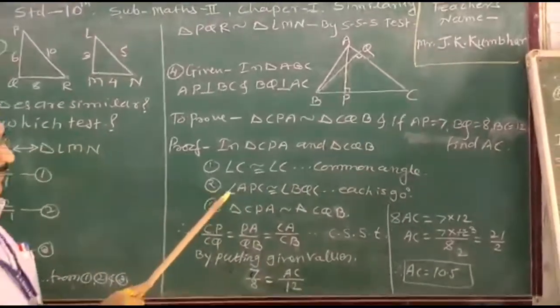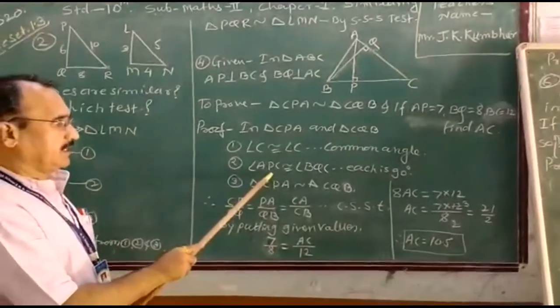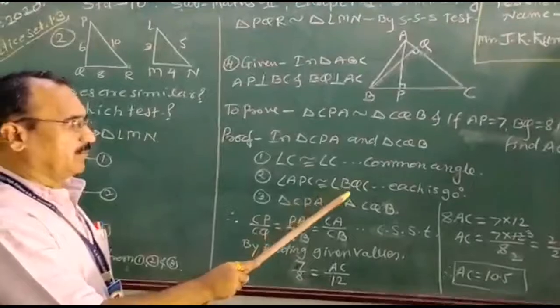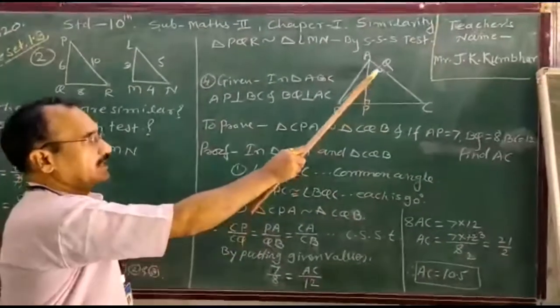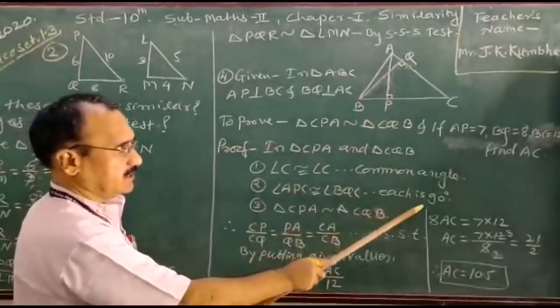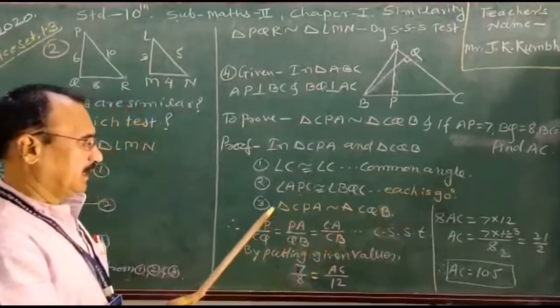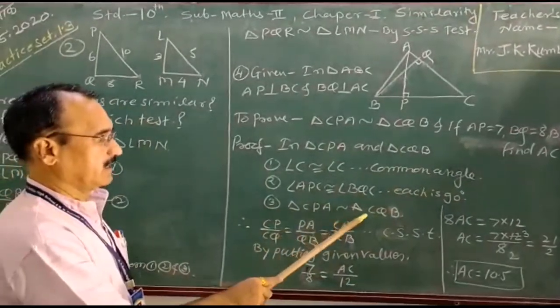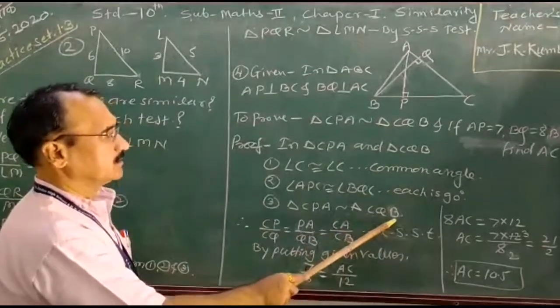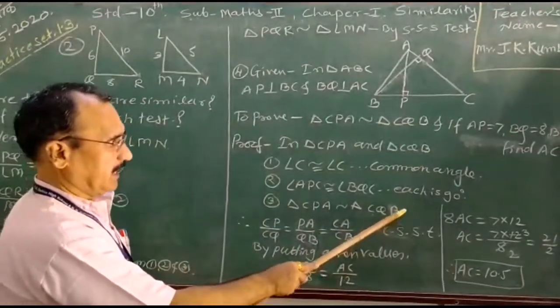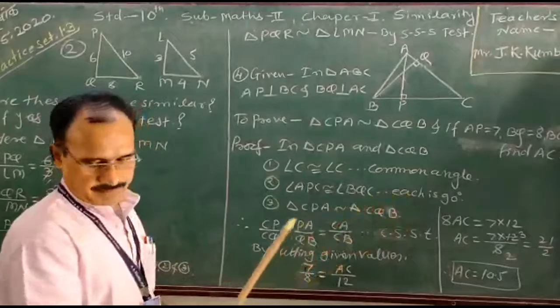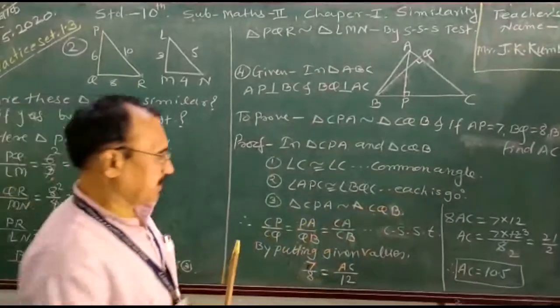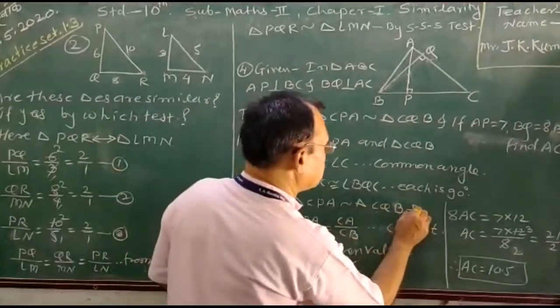Then second, angle APC is congruent to angle BQC. This one and this one, each is 90 degrees, and therefore triangle CPA is similar to triangle CQB by which test? By AA test.